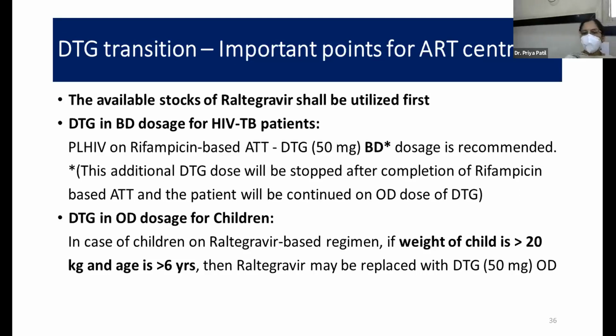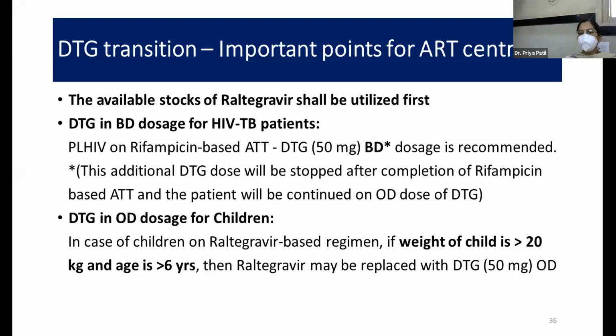But here I want to clarify one issue: all patients in whom we are supposed to do the transition are on third line, that is, on raltegravir, darunavir, ritonavir, or they are second line patients on RAL LPV/r. Now, in this group of patients, the TB regimen is always rifabutin based. So in this group, because they are on rifabutin, we do not have to use DTG BD.